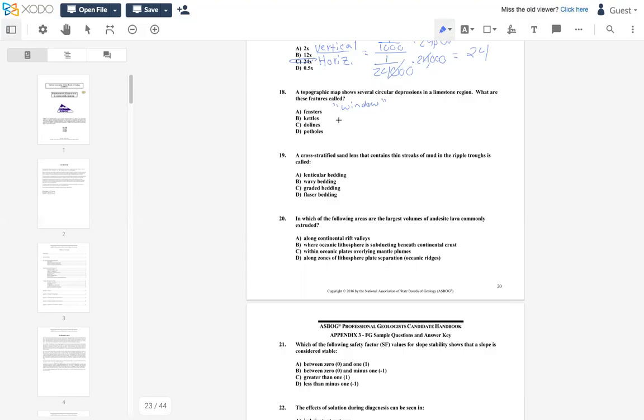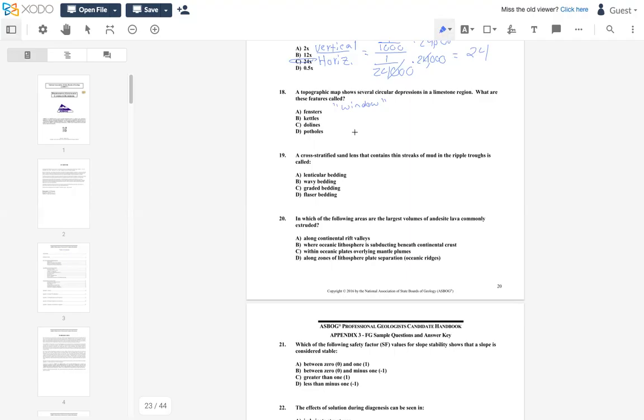Those are just holes that are formed in karst environments through a couple different ways, but primarily through dissolution or collapse. And we have potholes. Here we're not referring to a pothole in a road or in a city, but rather a hole in a riverbed that's been formed by circular abrasion along a riverbed.